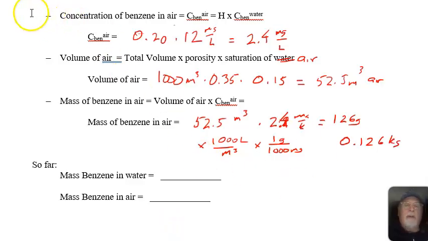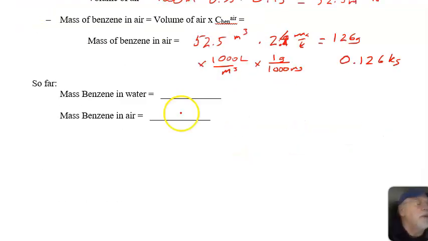So far, the mass of benzene in the water, and I'll keep digits here, is 3.486 kilograms, and in the air was only 0.126 kilograms. This could be different if we had an unsaturated zone where it was mostly air. These could change quite a bit.